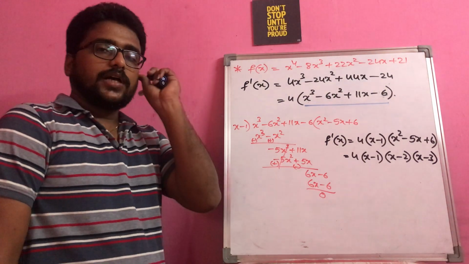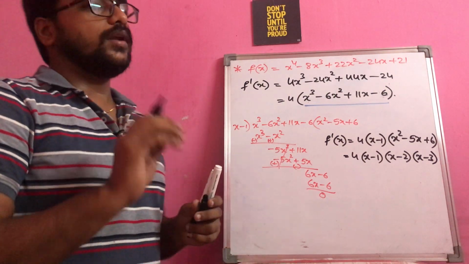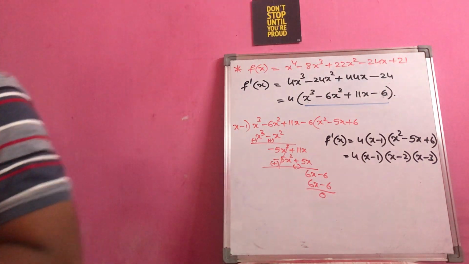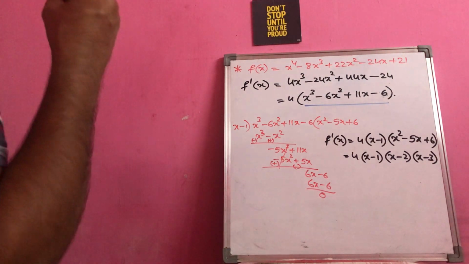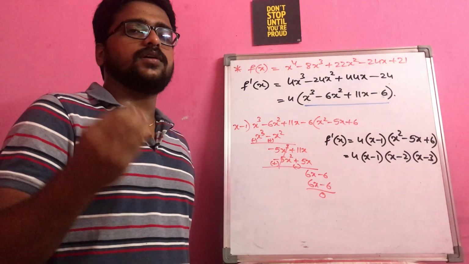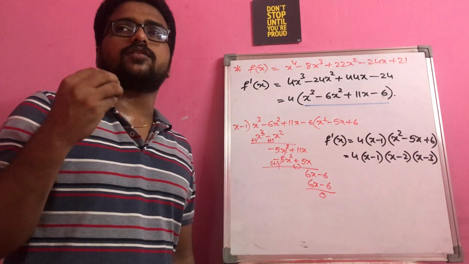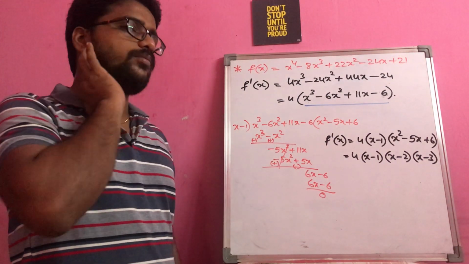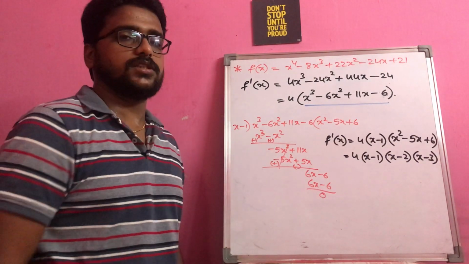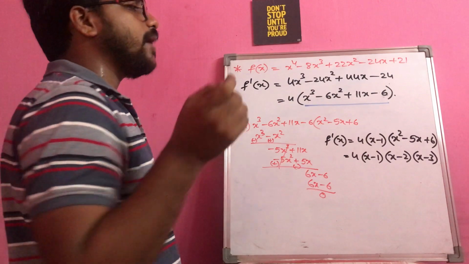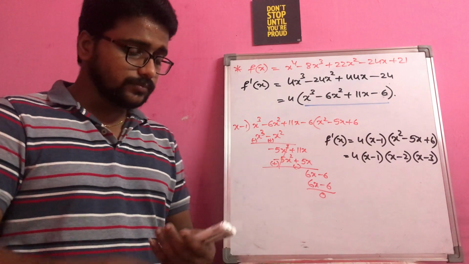Right? So as I told you, whenever you are getting a cubic equation and after finding the differentiation, don't worry about that. At least one of the roots, x equal to 1, x equal to 2, x equal to minus 1, x equal to minus 2, one of these roots for sure will satisfy the given equation. The only thing is you just have to identify the factors.